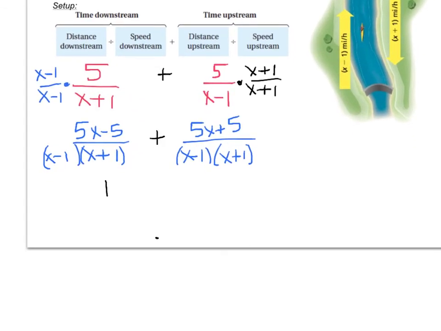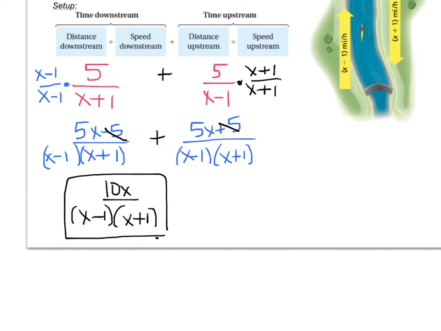I get 10x, and then the minus 5 cancels with the plus 5, over x minus 1, x plus 1. I can't simplify anything, so that's it. That's the expression, and if you have any questions, write them down and ask me when you come to class.